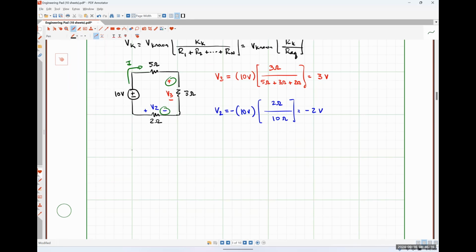So let's say that we have a circuit or something that looks like this. 15-volt source here.